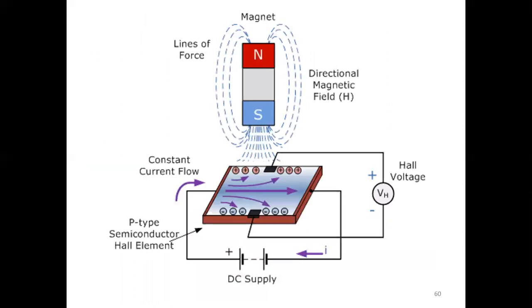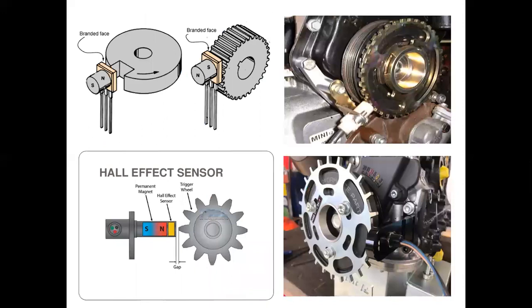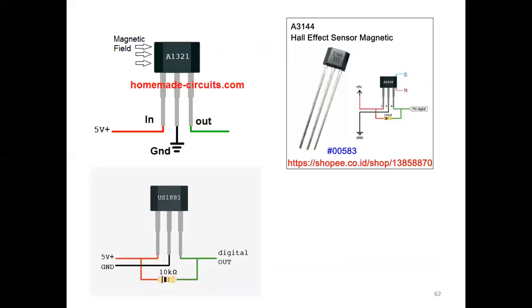This is the complete diagram for the Hall effect sensor. These are the different Hall effect sensors placed near the crankshafts, these are the different crankshafts used in the process, and these are the ICs used for calculating the values.